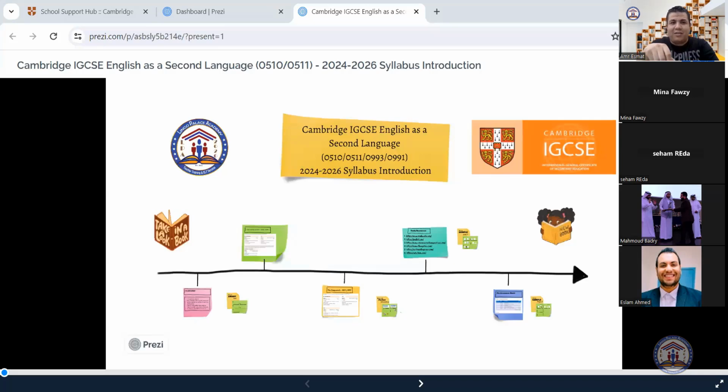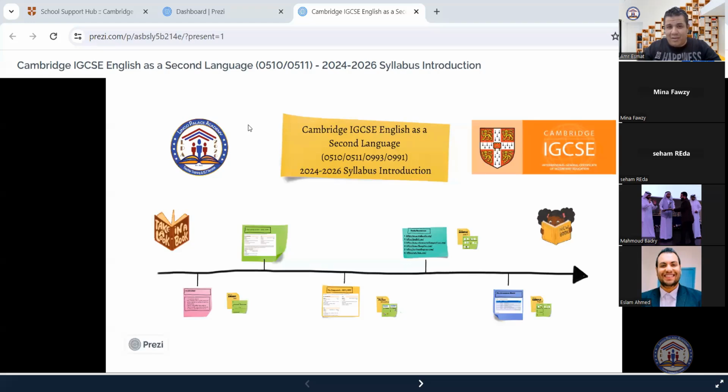And why this? Because before this year, there was an old syllabus that was also totally different in many cases regarding the test of the IG. When we say IGCSE, we are talking about a different system that starts from KG to grade 10.